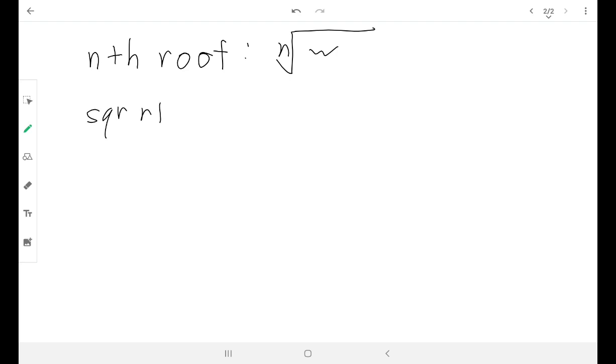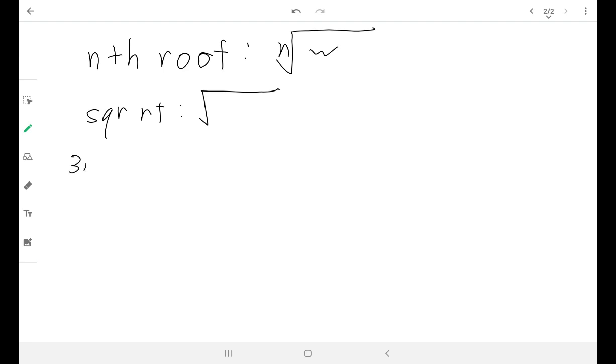So, an nth root. What is that? An nth root is written this way: the nth root of some stuff. Okay, and if it's a square root, it just is like that.